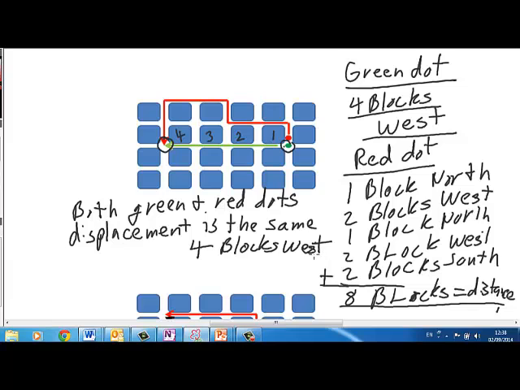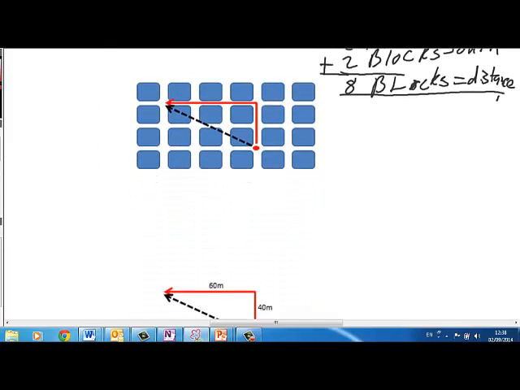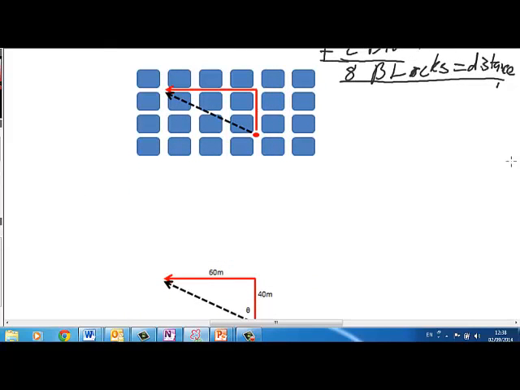Okay. So let's look at this in a little bit different manner. Let's do another city problem. For this city problem, let's assume that each block has a side that is 20 meters long. So each side of each city block is 20 meters long.